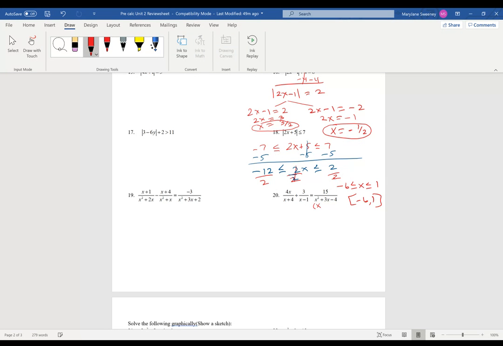For 20, I have to factor here. Let's see, 4, 1, plus, minus. So x plus 4 and x minus 1 are my least common denominator. So I'm going to multiply this by x plus 4, x minus 1, this x plus 4, x minus 1, this x plus 4, x minus 1.